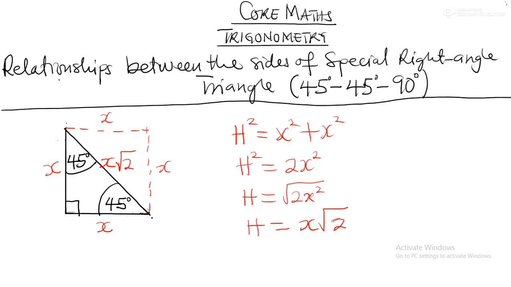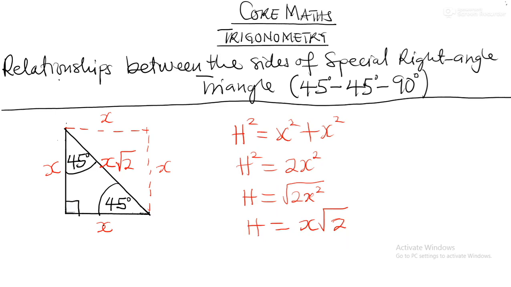If this side is x, then this other side will also be x, and the hypotenuse will be √2 times the x. So to get the hypotenuse, you multiply one side by √2.